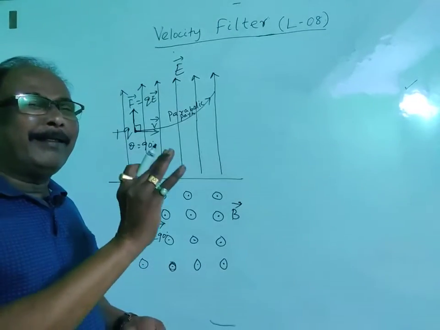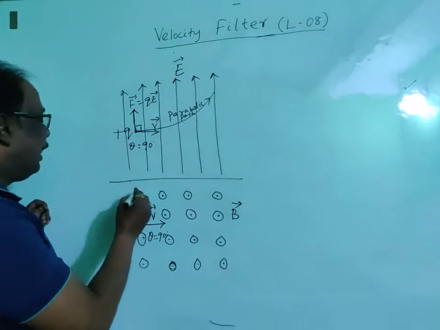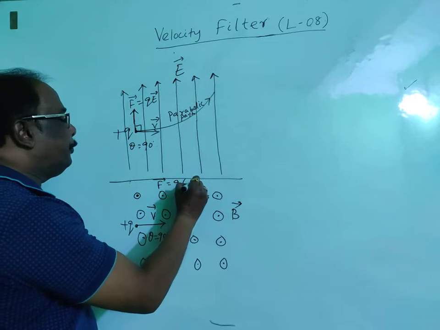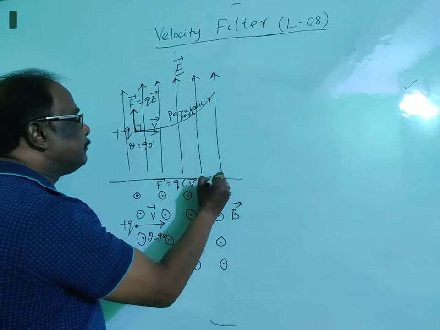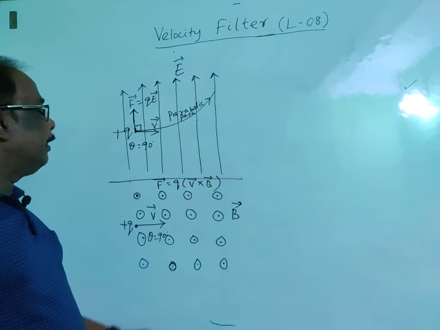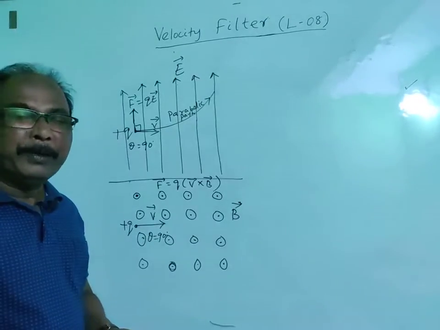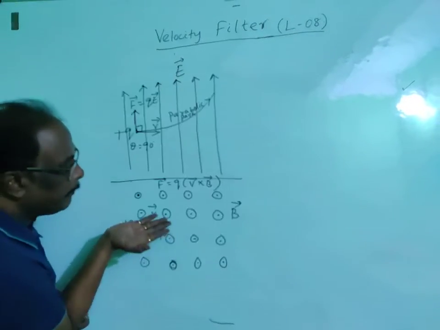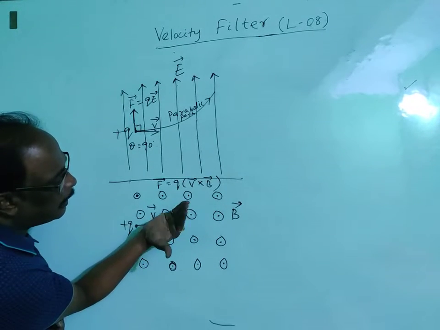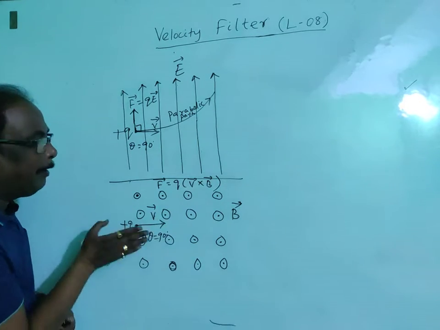Then what is the direction of force experienced by the charged particle? As you know, the force experienced by the charged particle is equal to q(v × B). The angle between v and B is 90 degrees and the direction of force is along v × B. This is the direction of velocity and this is the direction of the magnetic field, outward.